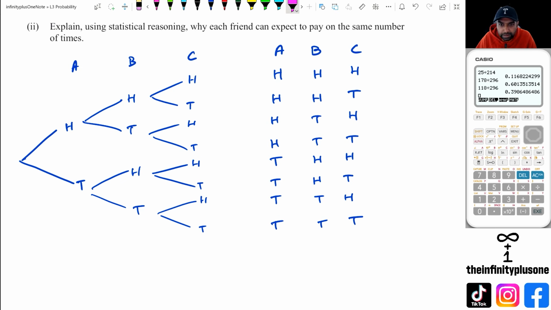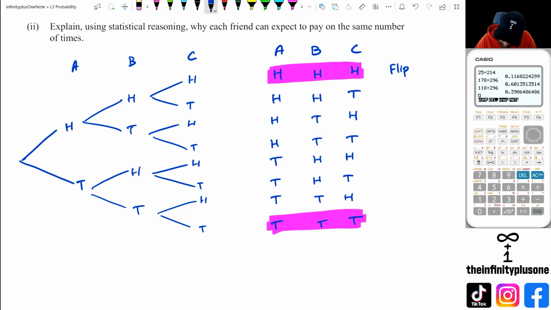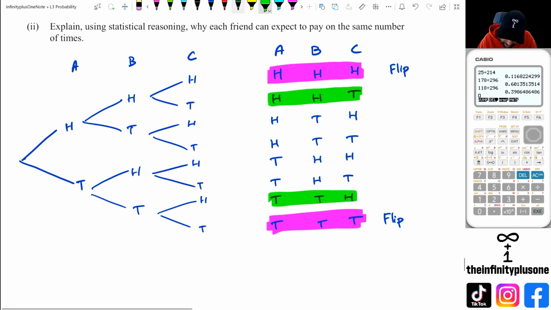Now, in the previous question, we had these 2 outcomes where they had to flip the coins again. Now, the situation where the odd one out is C is when you get heads, heads, tails, or tails, tails, heads. So in this case, person C is the odd one out.